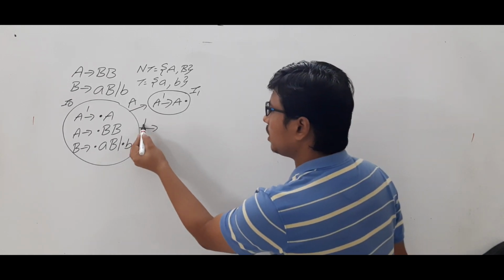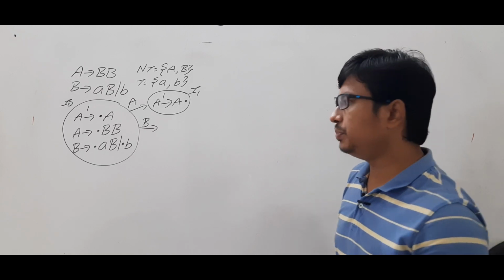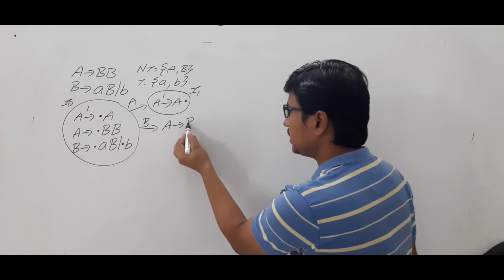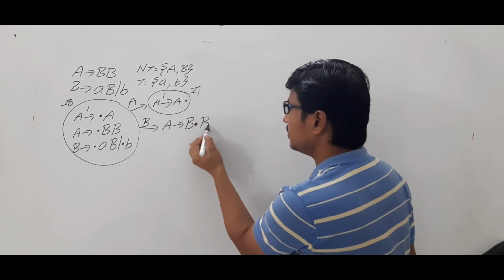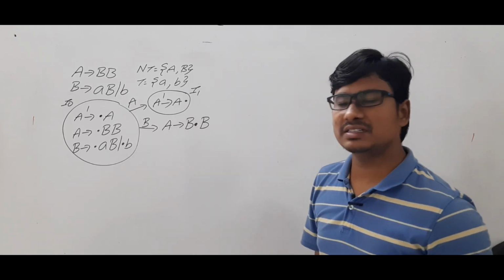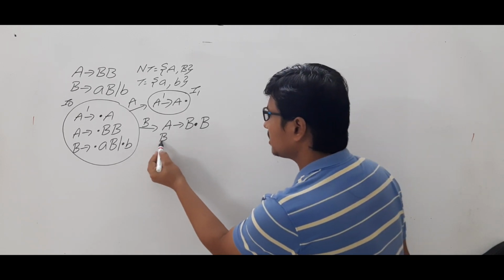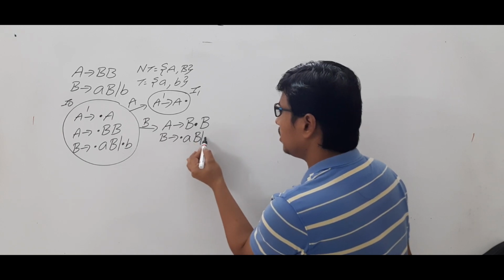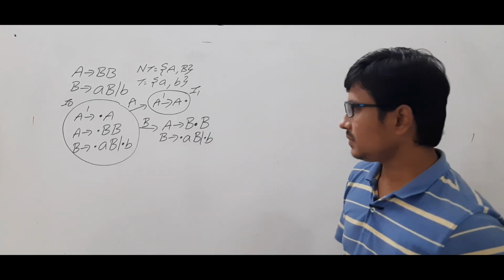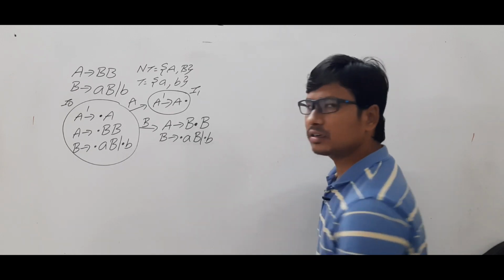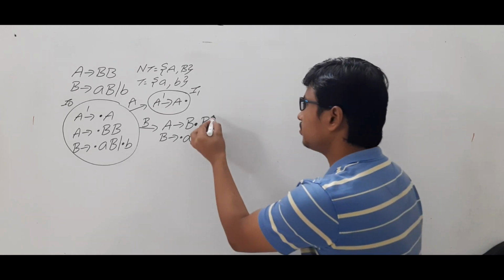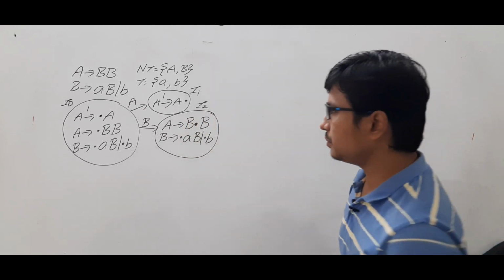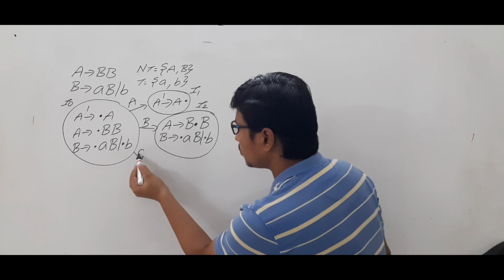Now goto on I0 on B is A determines B dot B. Again after the dot there is a non-terminal, so we write the productions: dot a B or dot b. After the dot these are terminals, so I do not need to compute the closure further, and this is my I2.